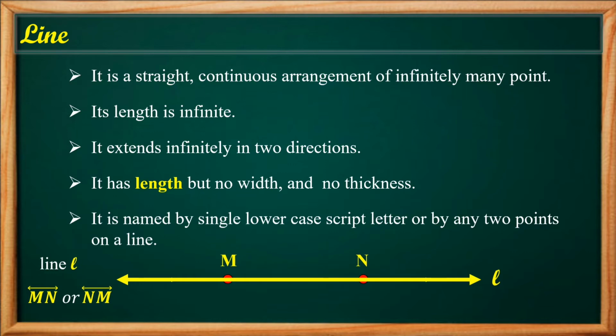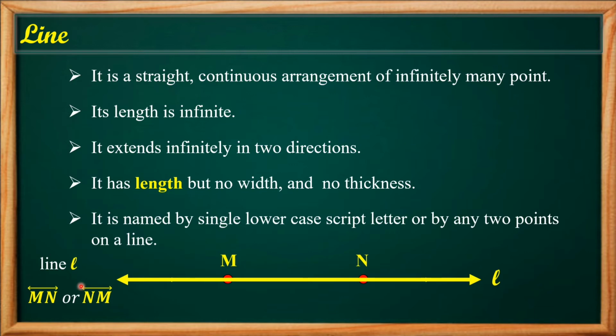Now, try to observe the symbol for our line. Meron tayo ditong line above the name of the 2 points, which is MN or NM. Pwede magkabaliktad in any direction kasi yung line. Meron siyang line na symbol sa ibabaw. Meron dalawang arrowhead sa right at saka sa left. Kapag walang arrowhead, ibig sabihin yan, hindi yan yung symbol ng line.